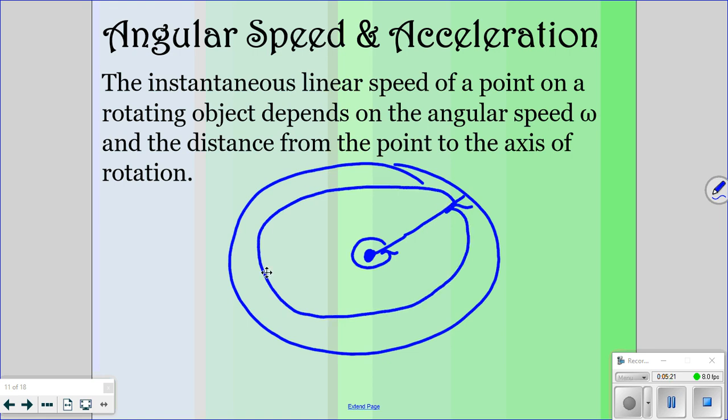This one is going to have to be rotating more quickly than what's on the inside to be able to keep up with it. If you've ever been to a theme park, you may have been on rides where they go in circles, and if you're closer to the circle, you're going to get to go more slowly than if you're on the outside.